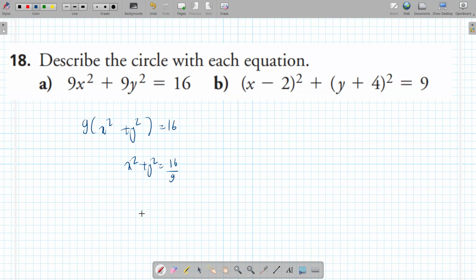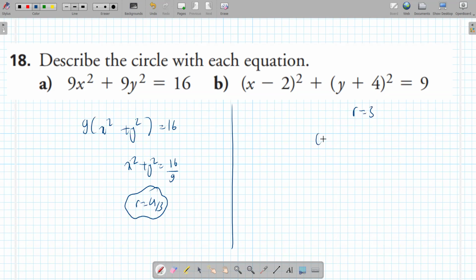So what's the radius? Four over 3, right? What about B? What's the radius of B? So for B, the radius is 3.